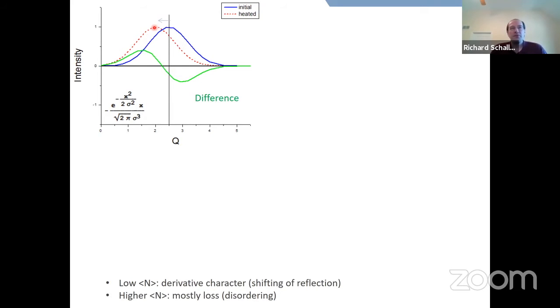So now your diffraction peak moves to where the dashed red line is here. So that's just a picture of it still being crystalline, but being heated. And if you difference those two, you'll get a derivative type of line shape, right? So it should cross zero roughly where these two intersect right here. You'll get a negative lobe where you used to have diffraction intensity that you lost, and you gain intensity where your diffraction now moved to.